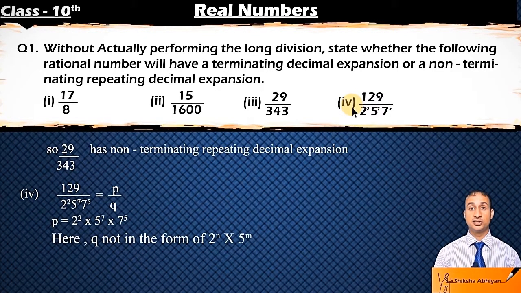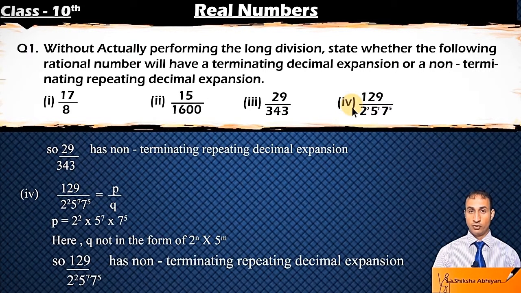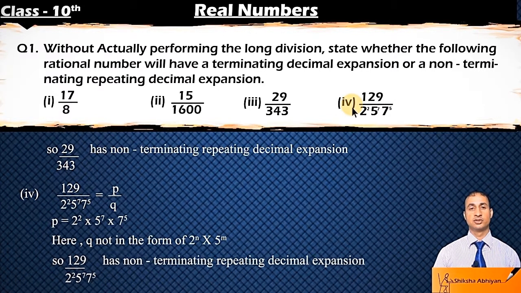Clearly it is not in the form of 2 to the power n and 5 to the power m, since 7 to the power 5 is involved here, which we cannot remove. So 129 upon 2 to the power 2, 5 to the power 7 and 7 to the power 5 has a non-terminating repeating decimal expansion. See the next part.